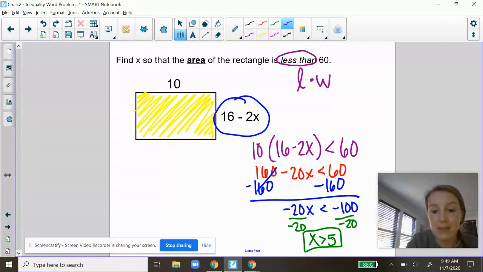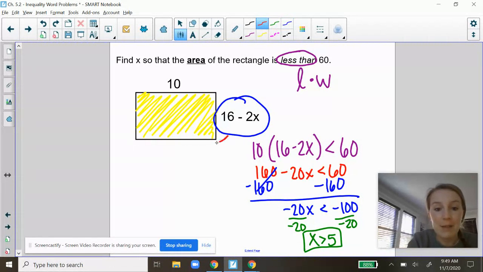So if I pick a number that's bigger than 5, such as 6, 16 minus 2x has to be greater than 0. So I know that numbers bigger than 5 are going to work, right? A number like 6, I could do 16 minus 12. That's going to work. But I also know that I could pick a number that's bigger than 5 that would make this less than 0.